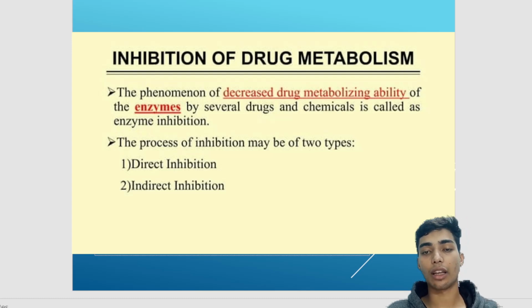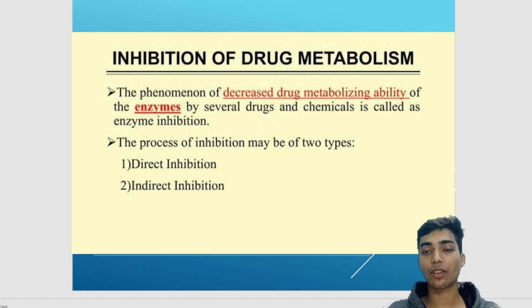Now we have inhibition of drug metabolism. We have seen that in drug metabolism, the drug is converted to a more excretable form so that it can be excreted outside the body and cannot alter the body's normal metabolism.